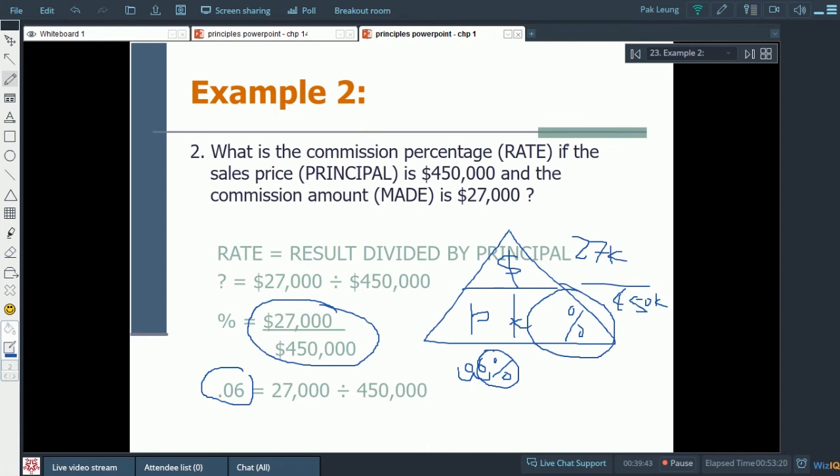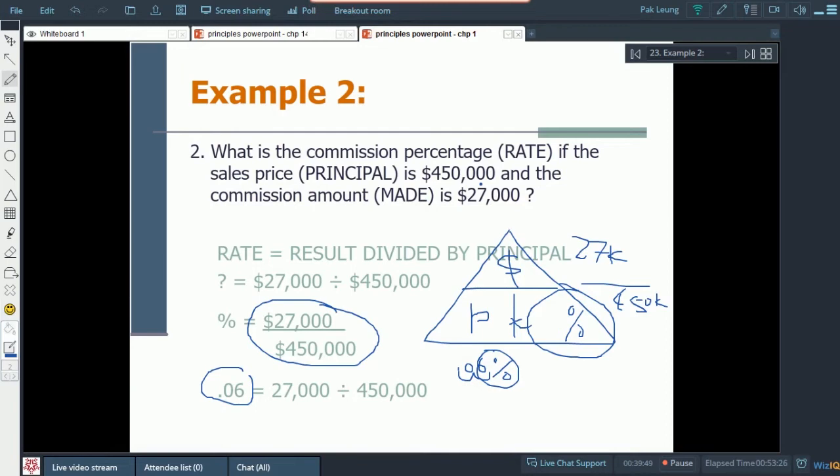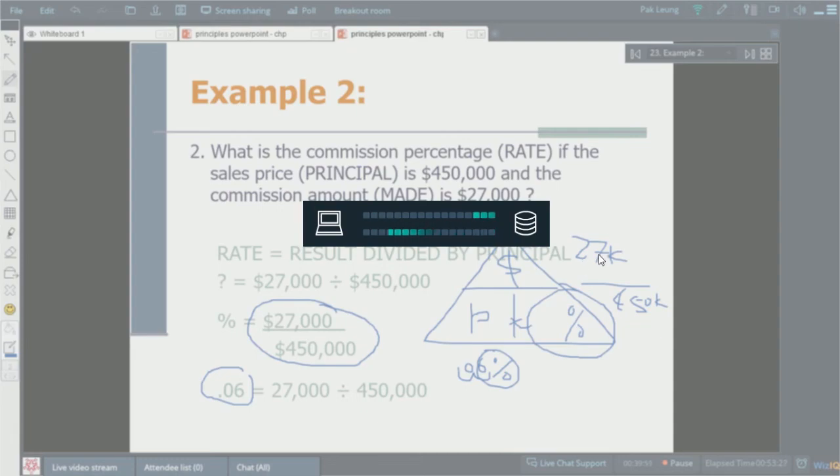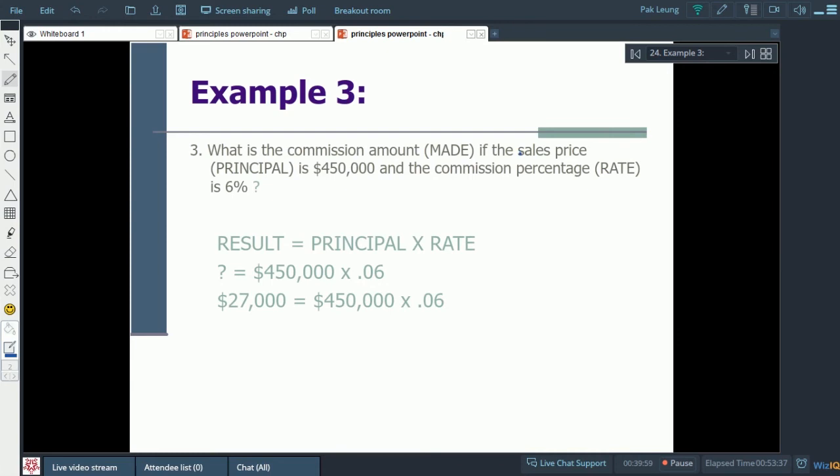You have to times it by 100, so you get 6%. 6% commission. 他想找这个佣金这个%比例数，你用这个三角形，你赚的是27000，除掉45万，你就有6% 出现.